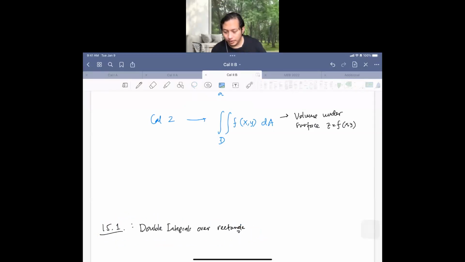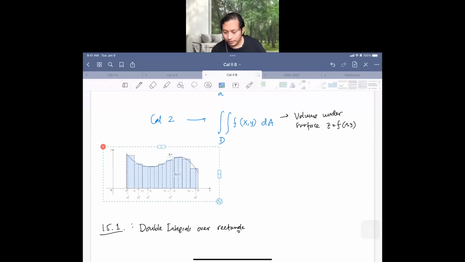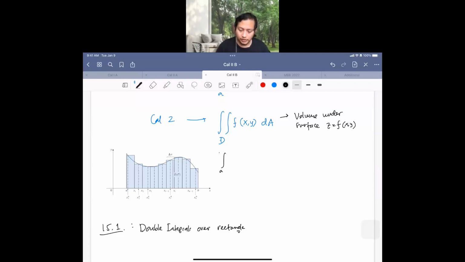Okay, so we have here our approach for the definition of the integral. We can say that the integral from a to b of a function of x dx is actually equal to the limit as n approaches infinity of our Riemann sum.